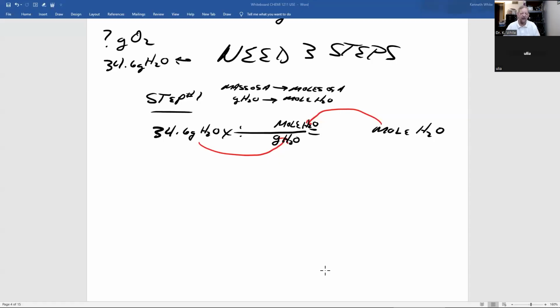So 1 mole equals the molecular weight of water. But we have to calculate that. The molecular weight of water is the sum of all atomic weights.